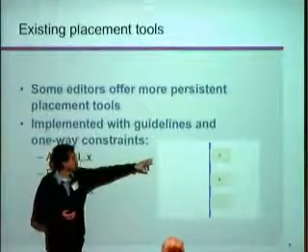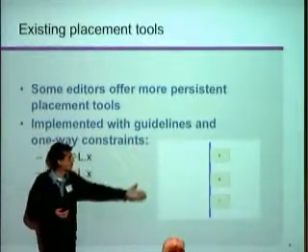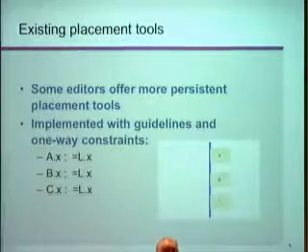And how these are actually implemented is that you have a guideline object that's added to the page that represents your alignment, and you have a set of one-way constraints, analogous to formulas in spreadsheets, where you set the position of a shape, like shape A in this example, the x position of it, to be equal to the x position of the guideline.